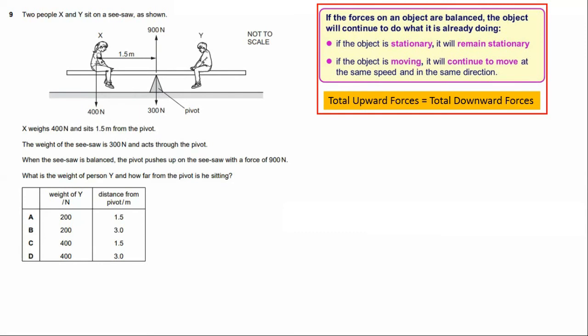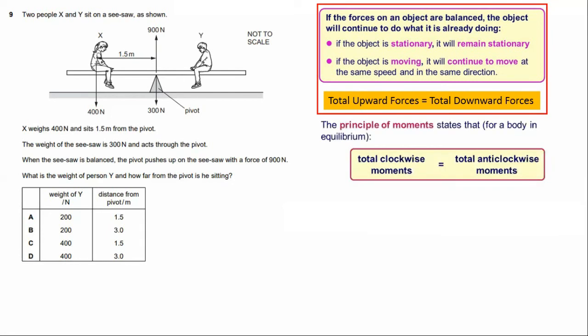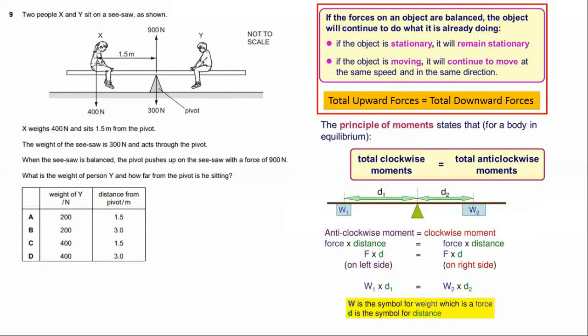To get the distance of Y from the pivot, we have to use the principle of moments. The principle of moments states that for a body which is in equilibrium, total clockwise moments about a given pivot equal total anti-clockwise moments about the same pivot. If you look at this diagram, we can use this principle to calculate the distance of Y from the pivot.